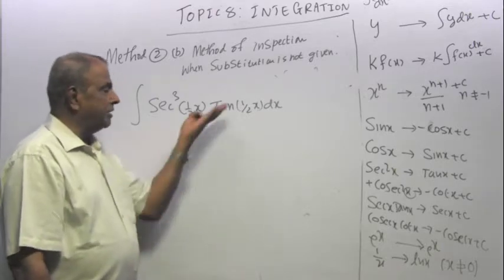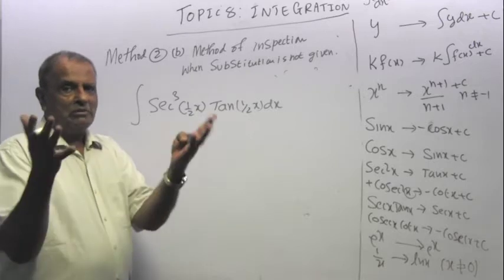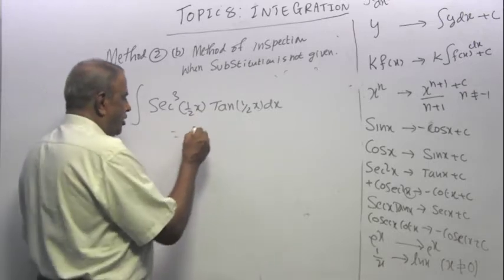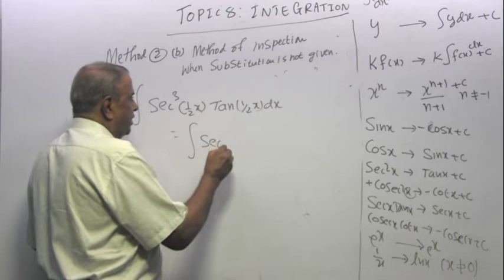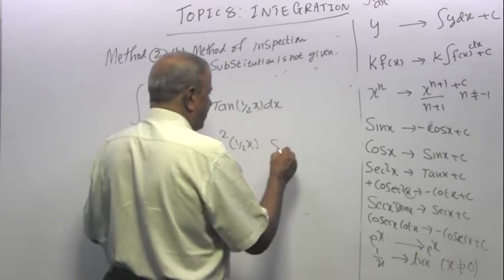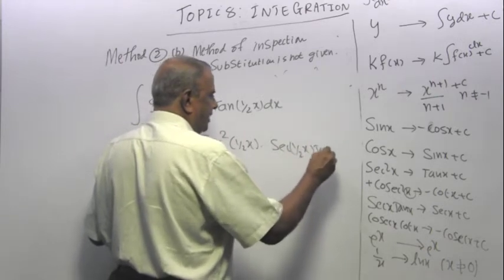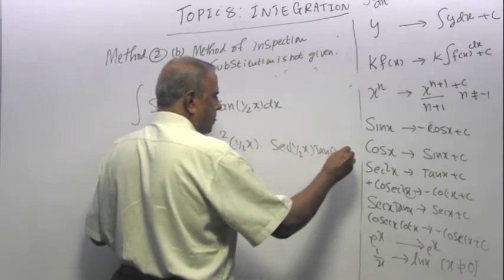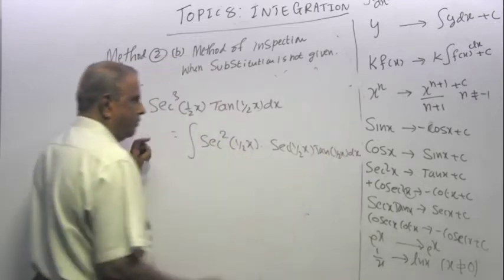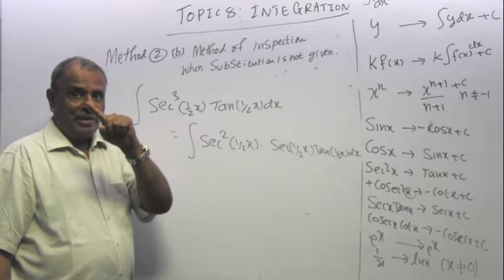I don't have a sec, but I have a tan. But sec cube can be split, so can I write this as sec squared half x times sec half x tan half x? You understand that so far?